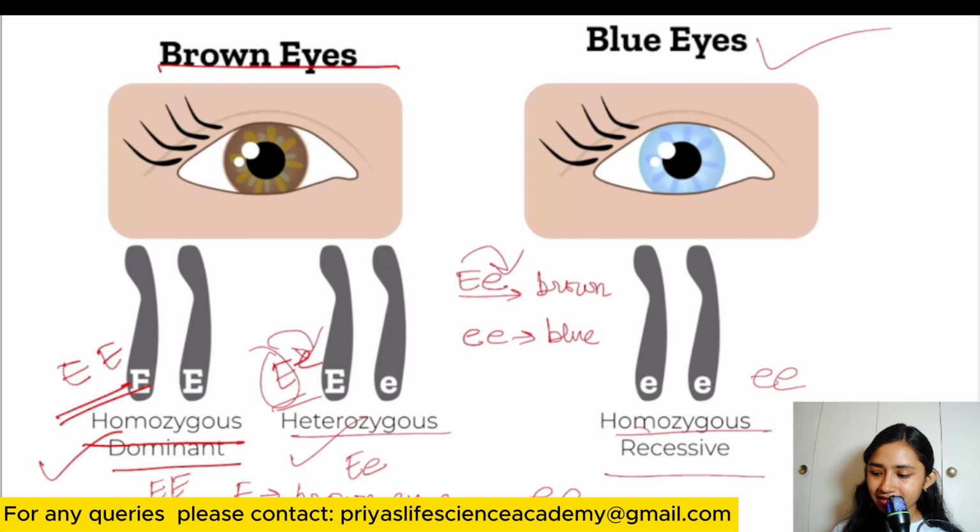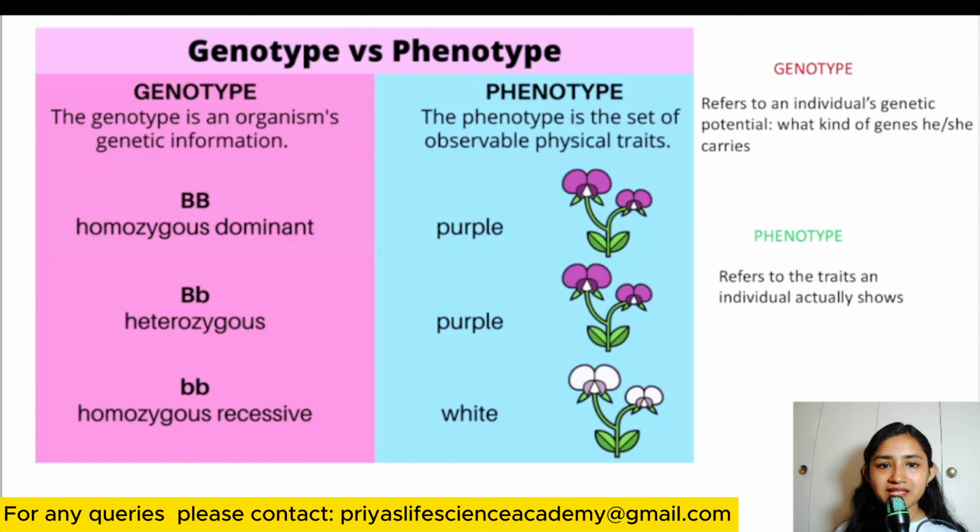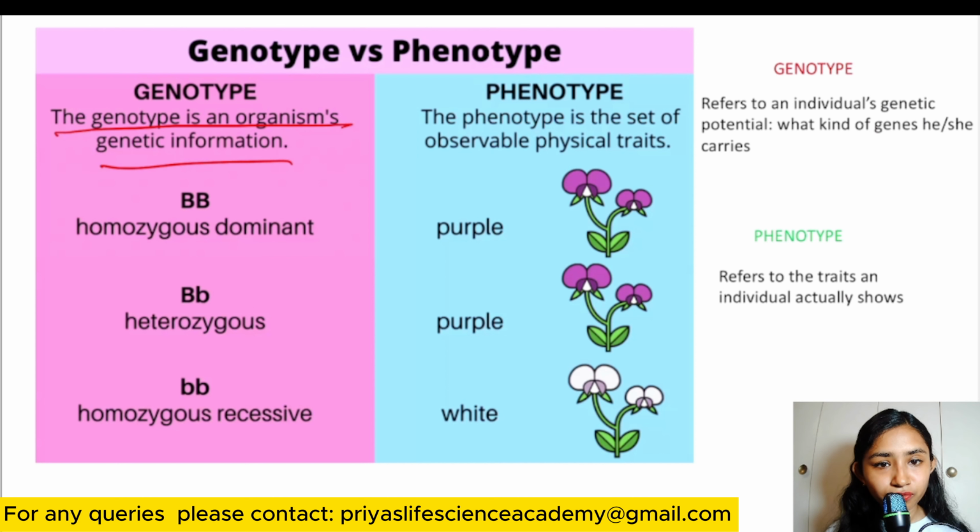Now, genotype and phenotype: I have already given you the idea, but I want to give you a detailed idea. The genotype is an organism's genetic information. I have told you that describing the trait of an organism by its alleles is known as genotype. Like if I want to express the genotype of a purple colored flower, what will I write?